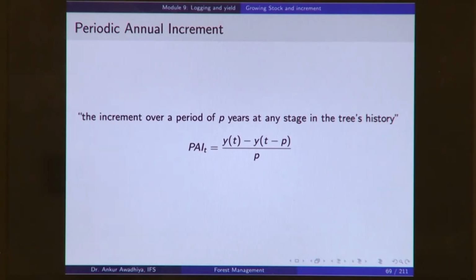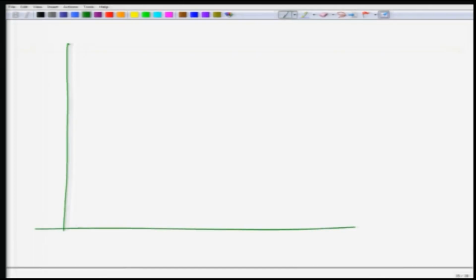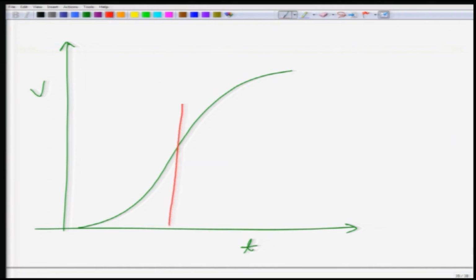So, let us plot this: V versus T, and we are asking the question, how much was the increment between time t equal to T1 and t equal to T2.